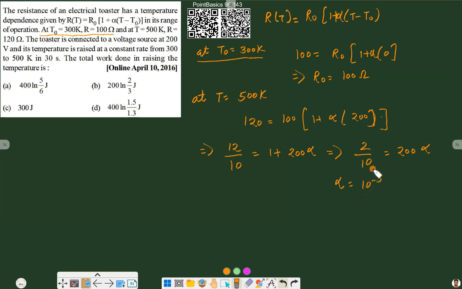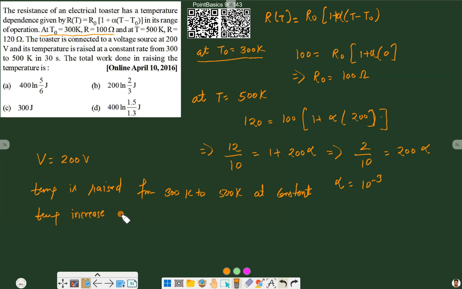Now coming to the second part, the toaster is connected to a voltage source at 200 volts, so the potential is 200 volt, and the temperature is raised at a constant rate from 300 to 500 Kelvin. If it is increasing at a constant rate, we can say the temperature increase is linear.